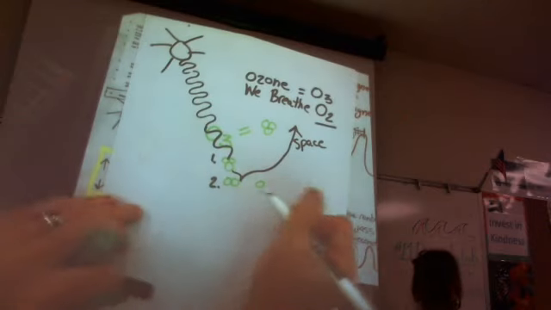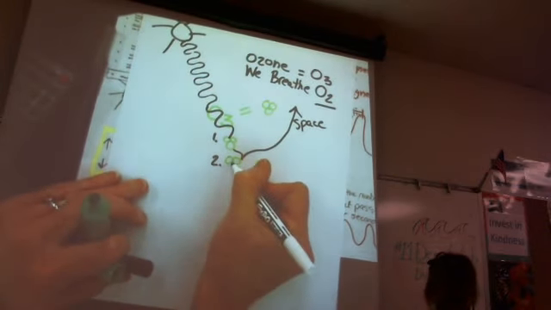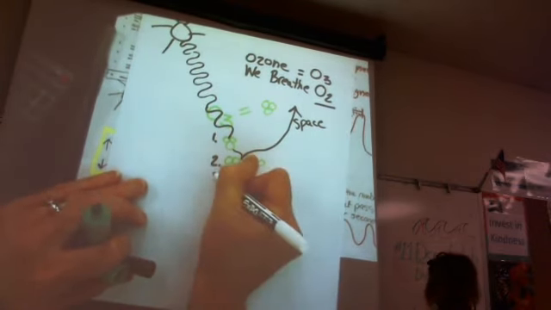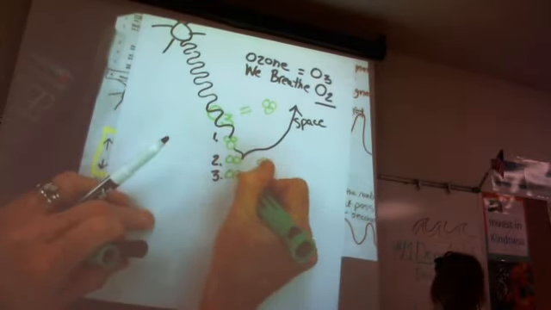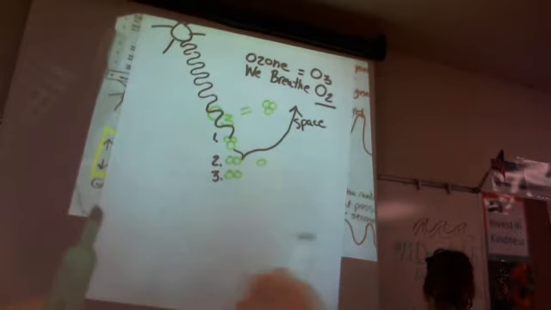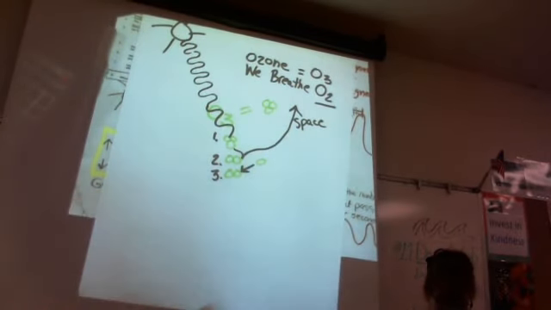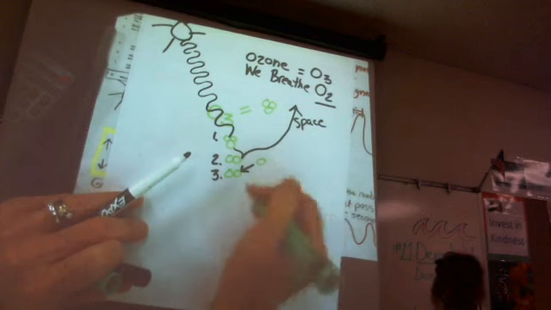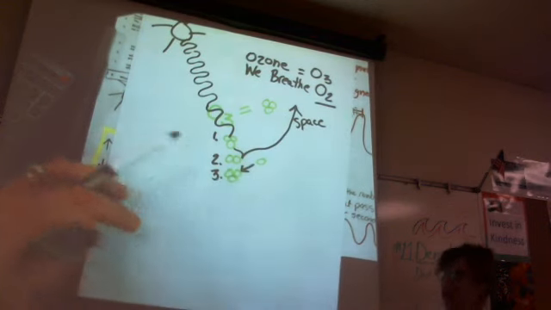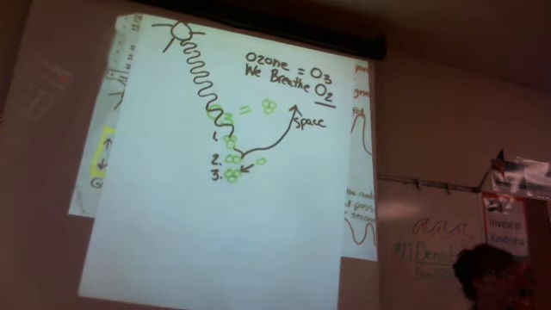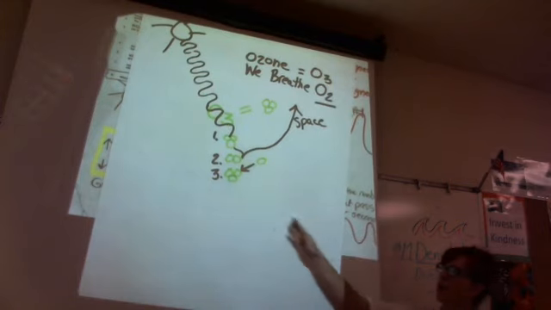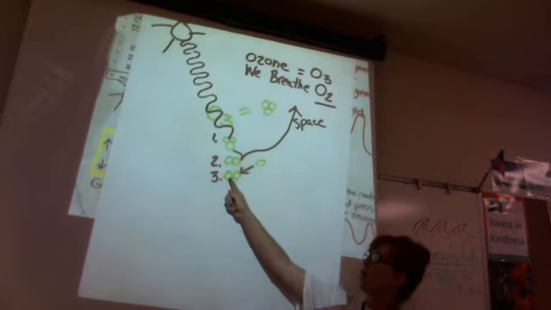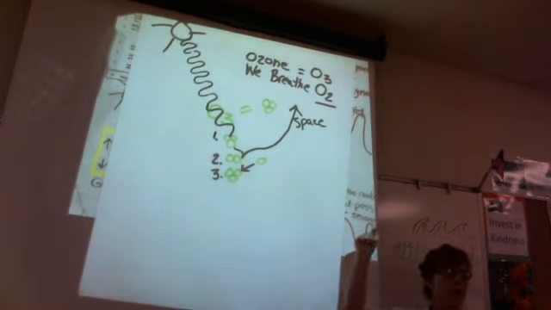And then as soon as those 2 lose that 1 oxygen, it is back. Bam. It does not like being alone. It hooks right back up. Ozone again. Nice. So it's very recyclable. It's a very stable environment in which we're constantly breaking apart, putting together, breaking apart, putting together.